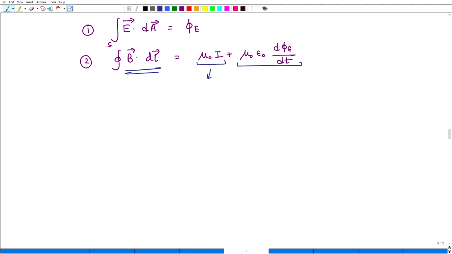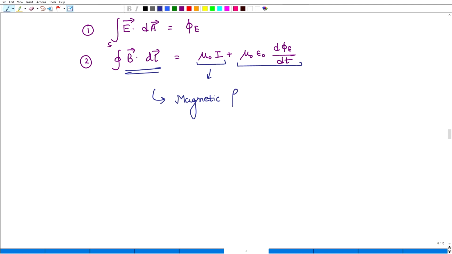So from this law we can say that the magnetic field, why I am saying that, because B dot dl is 0 means that B is 0. So there is no magnetic field.